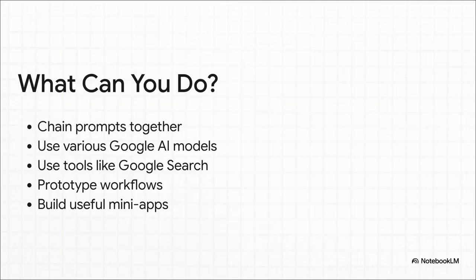Well, the whole idea is that you can visually link prompts together. You can pull in different Google AI models, say Gemini for the text parts, or Imagen for creating pictures. And you can even use tools like Google Search right inside your workflow. This means you can either quickly mock up an idea for a big app you're thinking about, or just build these handy little mini apps that make your day-to-day life easier.